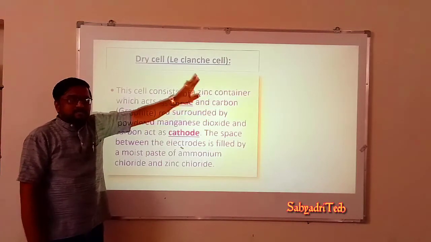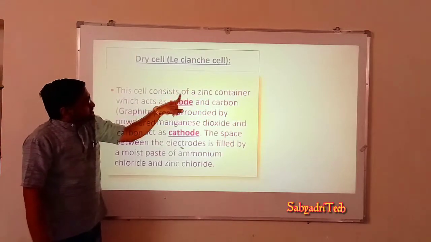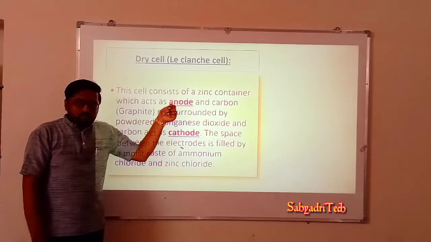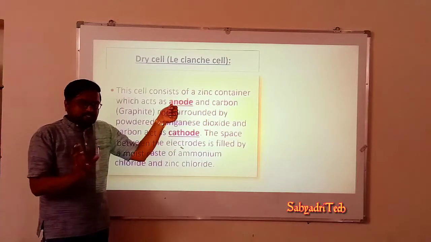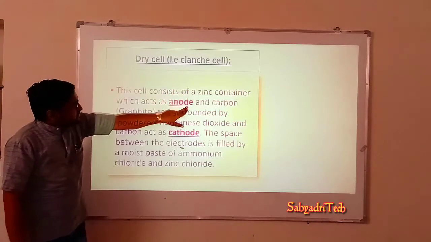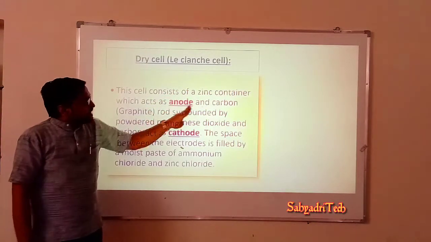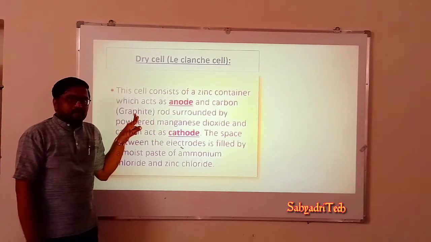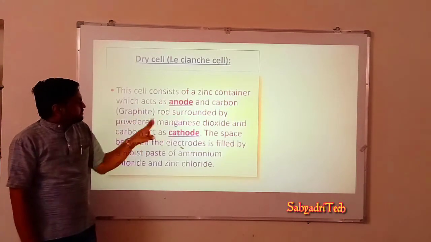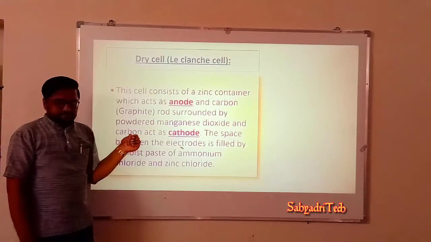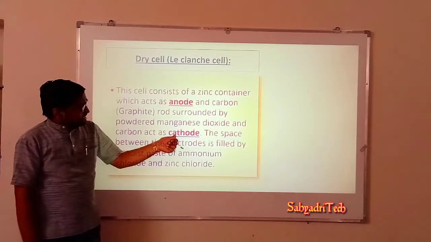In the case of the dry cell, it contains a zinc container which acts as the anode. Just analyze, it has a zinc container which acts as the anode, and a carbon rod, or I can say graphite, a black colored graphite rod surrounded by powdered manganese dioxide and carbon, which acts as the cathode.